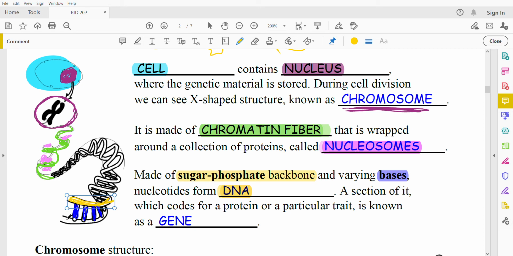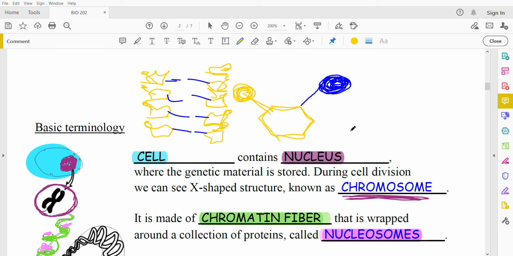One way to think about the structure of the DNA that many of my students have found quite useful is to think of it as a ladder. We have these vertical sidebars, and in this analogy to a DNA structure, they would be made of our sugars and phosphates. So they would be this sugar-phosphate backbone.